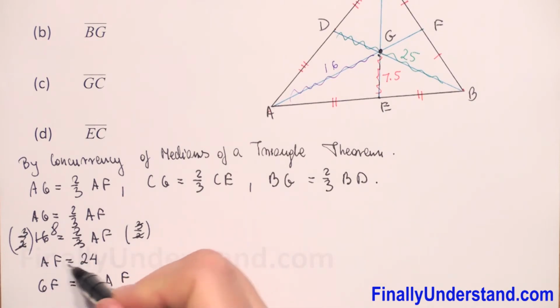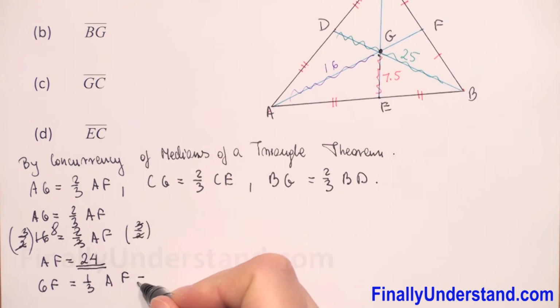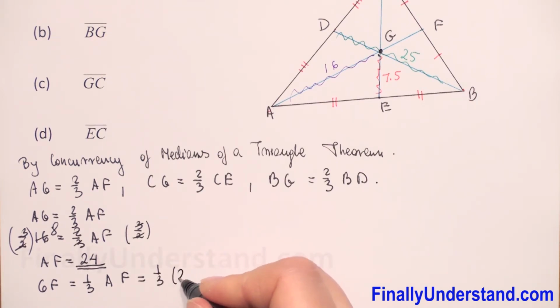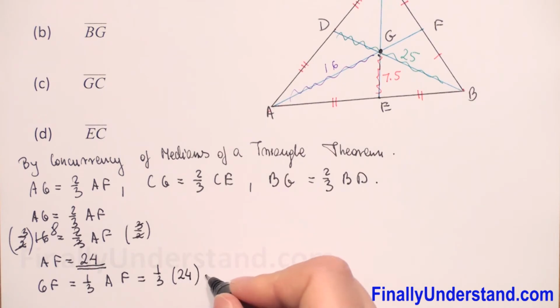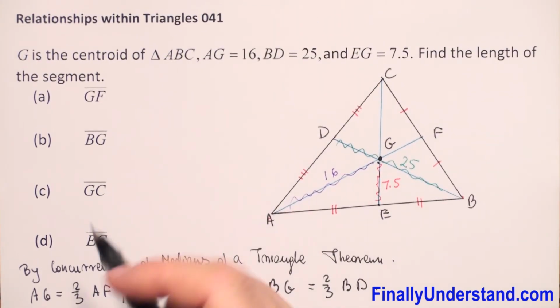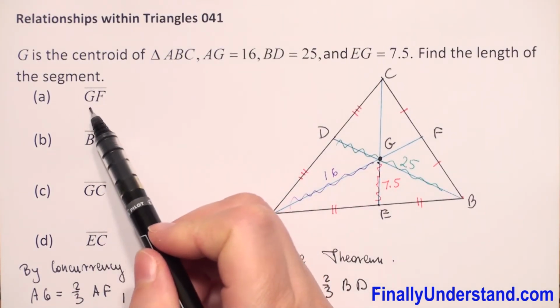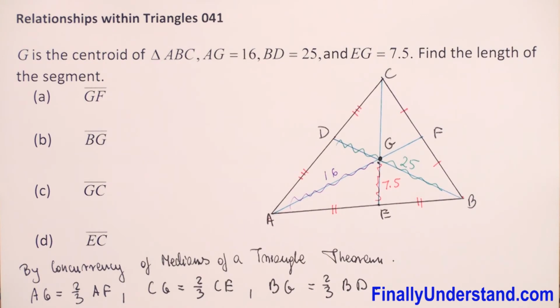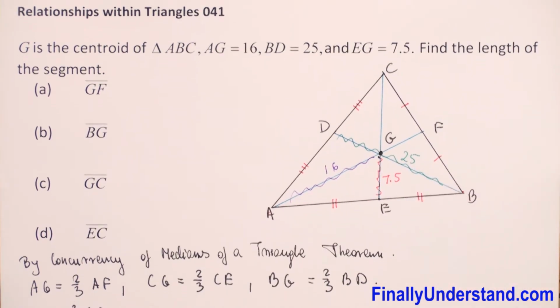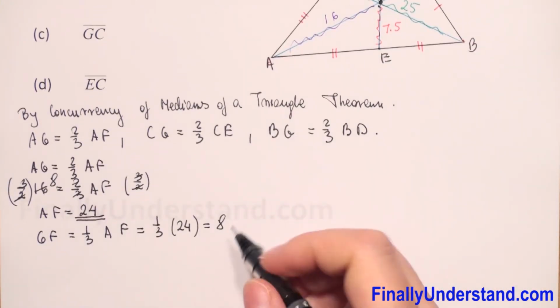We found AF is 24, so now we'll substitute to this equation. So we have 1/3 times 24. So this is equal 8. We found answer to question A. GF segment has length 8.